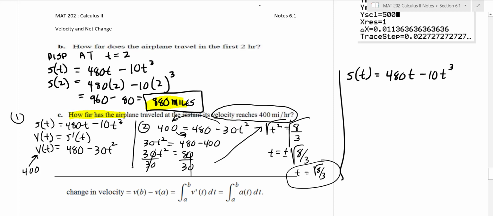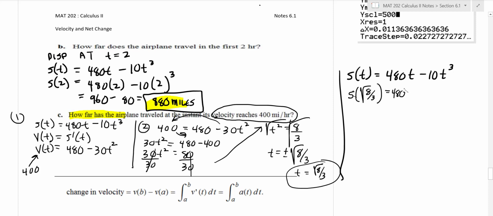So what we have to do is S of the square root of 8/3, just by evaluating this function. And we're going to get an exact answer on this, so don't be lazy about this kind of stuff. You never want to forget how to deal with radicals.